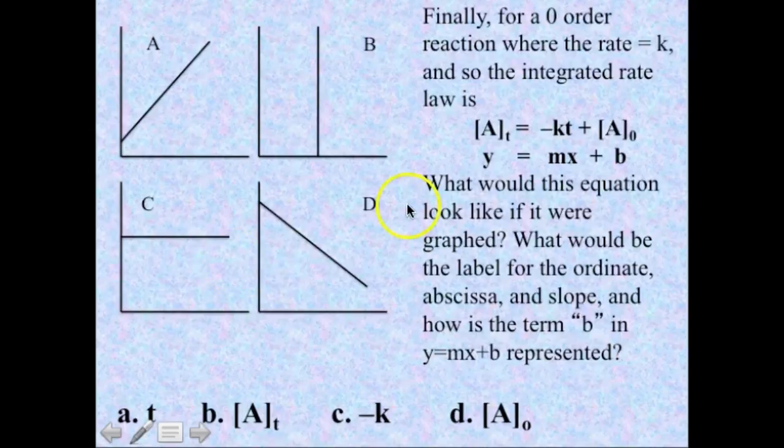Well, the ordinate is going to be [A]t, of course, because that's the y in y equals mx plus b. The slope is going to be minus k. The abscissa, or the horizontal axis, is going to be labeled with t, time t. And the term b is the y-intercept, and that is going to be the concentration of A at time 0.